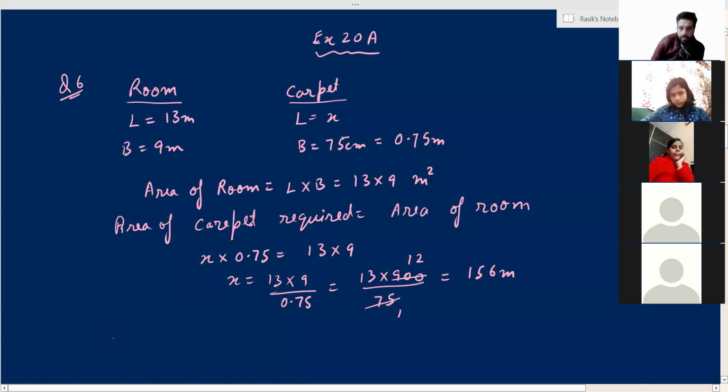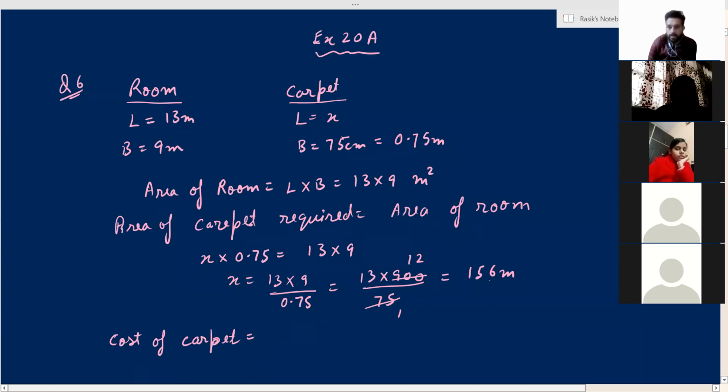And the cost of carpeting now: the rate at which we can buy the carpet is rupees 105 per meter. That means for 1 meter of carpet we have to pay rupees 105. But we don't have to buy 1 meter of carpet, we have to buy 156 meters of carpet. So 156 multiplied by 105.